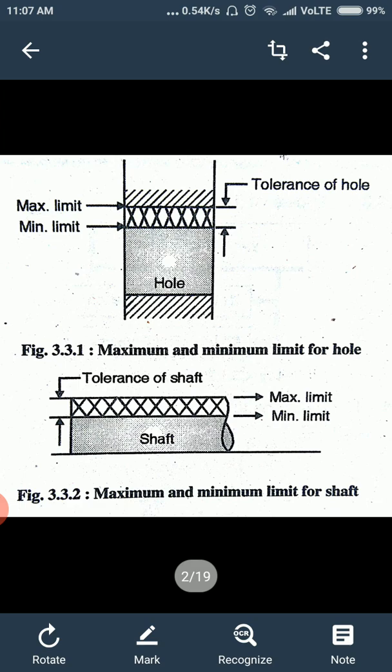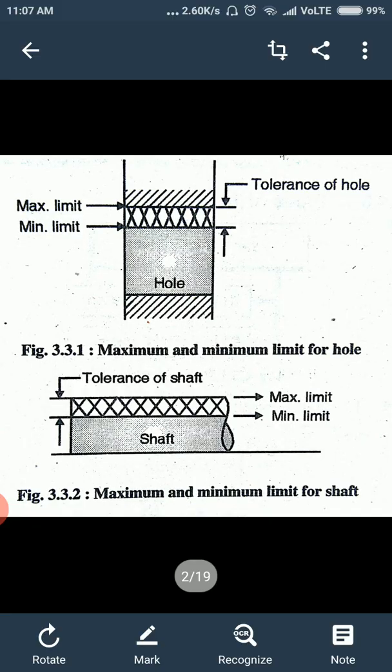And the minimum limit is the smaller value out of the two limits, called the minimum limit. So these are the two limits.